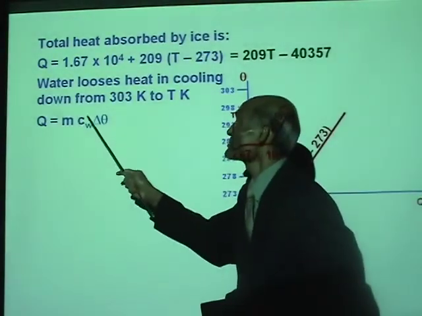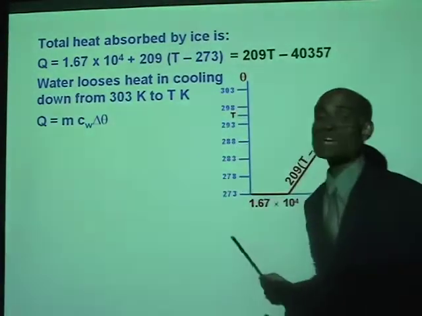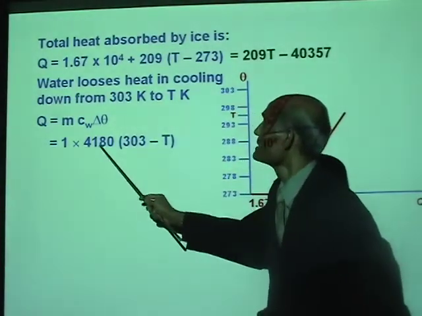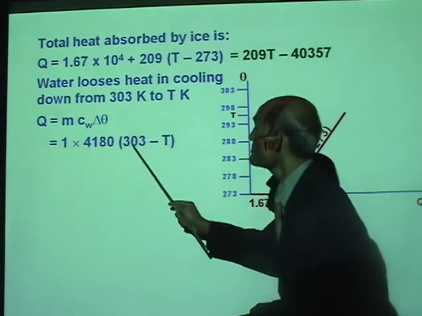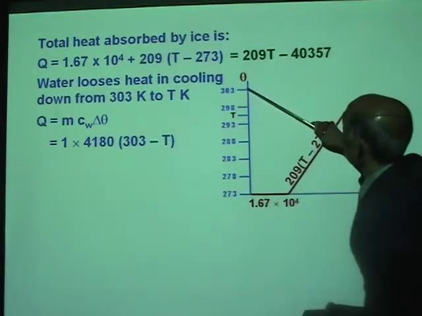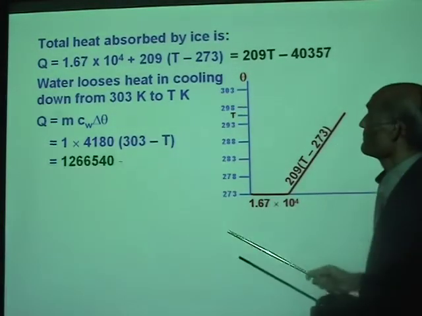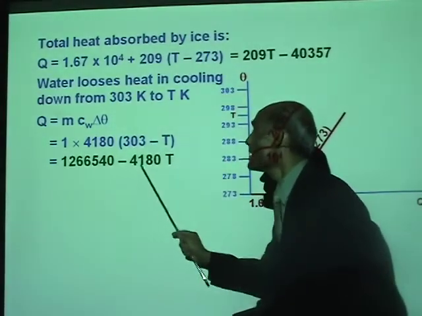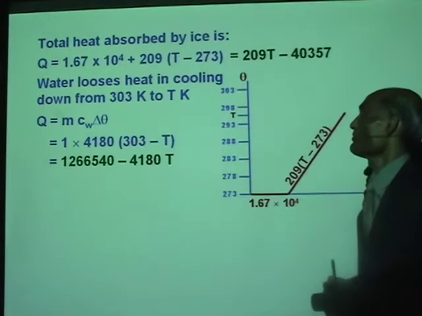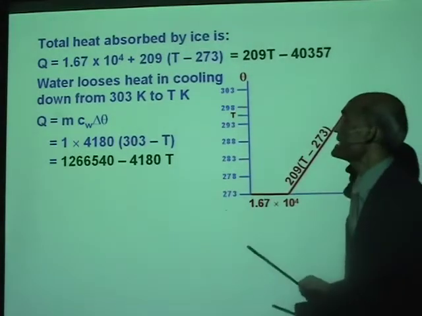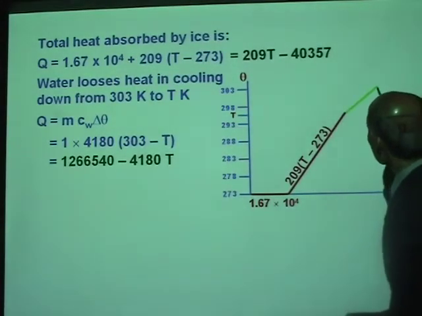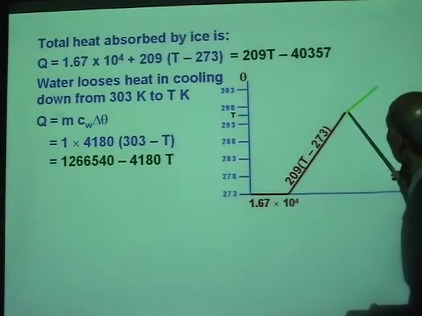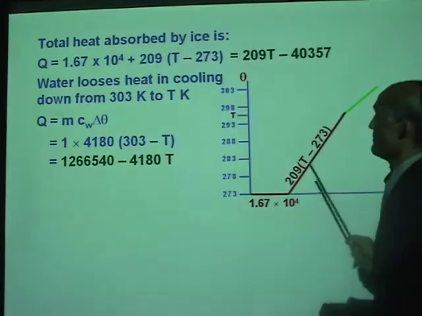It's mass times specific heat times change in temperature, and that would be 1 kilogram times the specific heat times the change in temperature from 303 to T. I distributed that, and this big number minus 44,180 T will be here. Water at 303 now cools down to T.